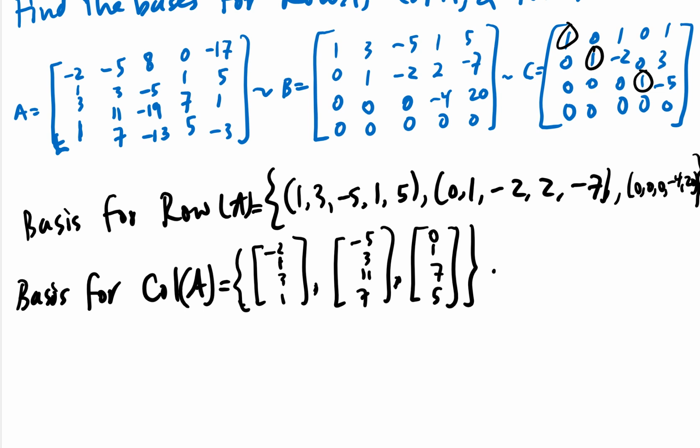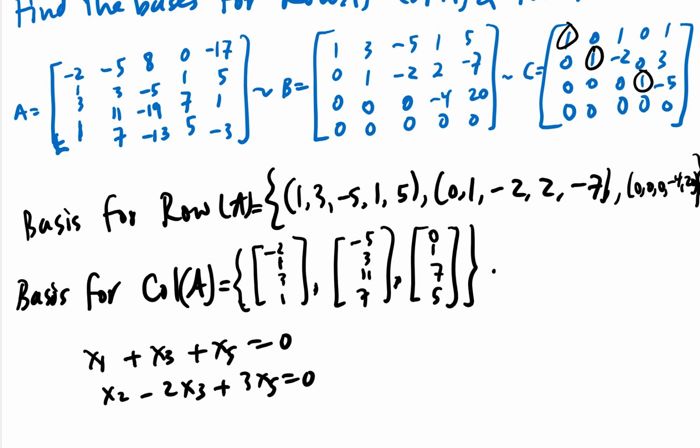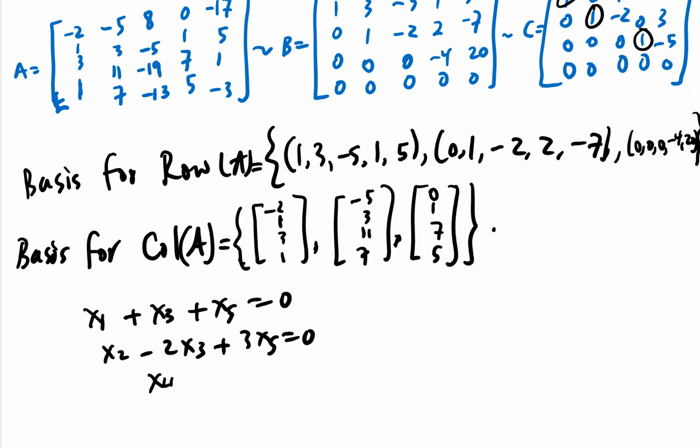So the next one is to find the basis for the null space. So we look at the last one. We have x1 plus x3 plus x5 equals 0, and x2 minus 2x3 plus 3x5 equals 0, and then x4 plus -5x5 equals 0.